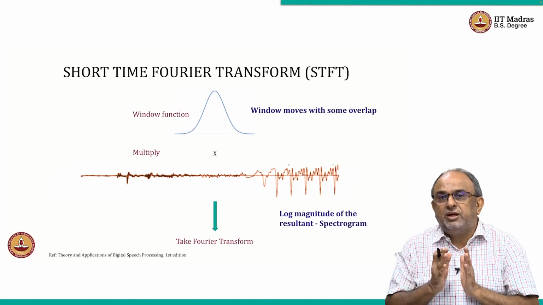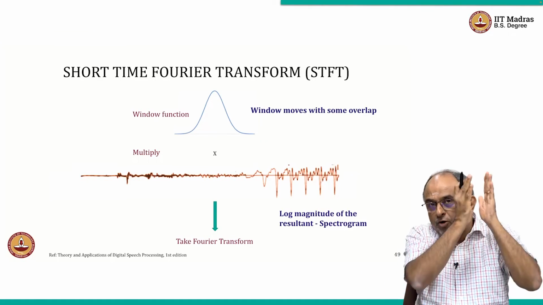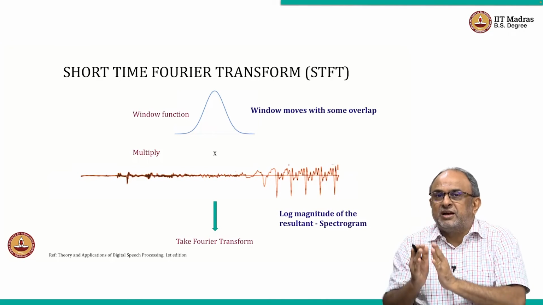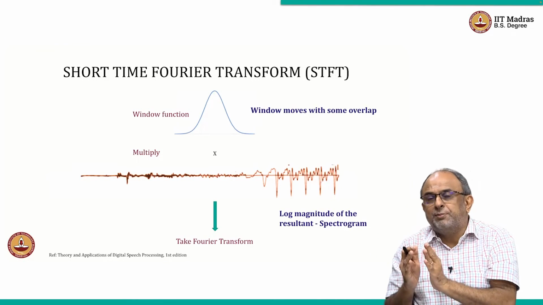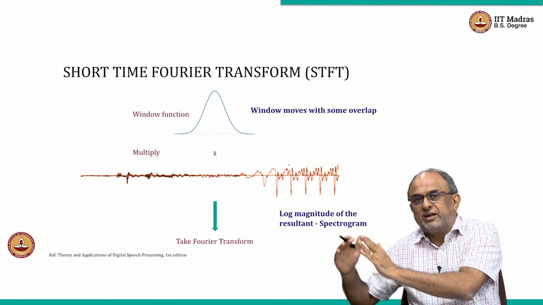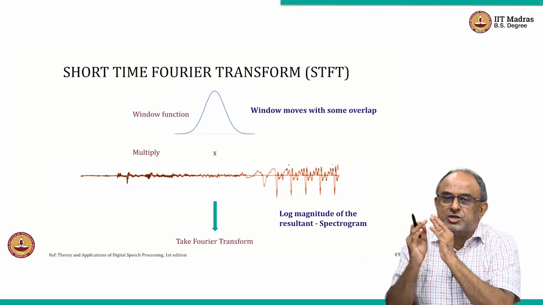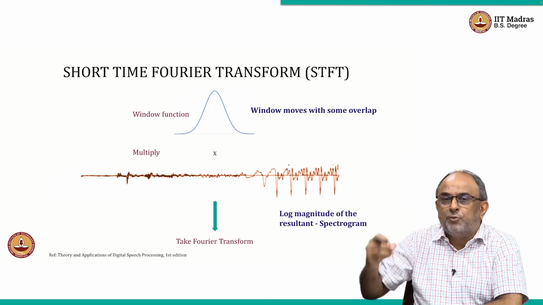So we plot along the y-axis the Fourier transform for a signal localized around 0 seconds. Then I move it by 10 milliseconds, and I get the frequency content around 10 milliseconds. Then I move to 20 milliseconds, then 30 milliseconds. So each local piece of information around 10 milliseconds, around 20 milliseconds is captured and I am going to plot that.